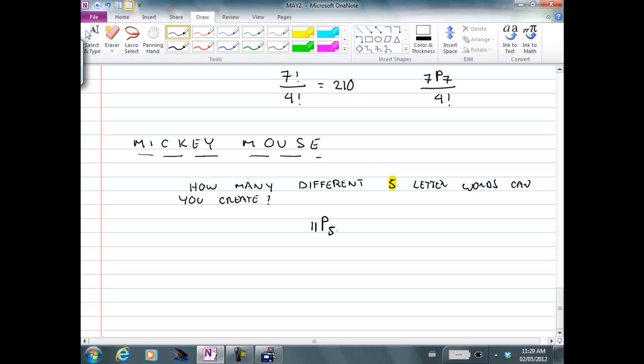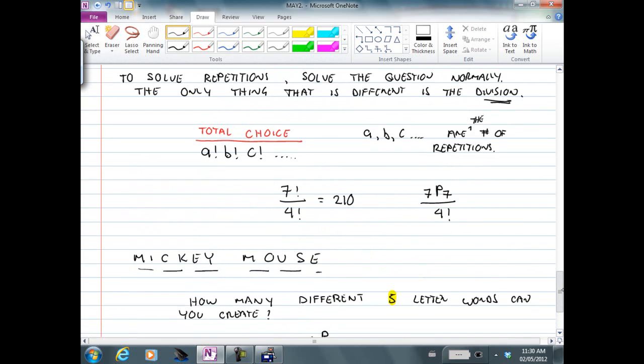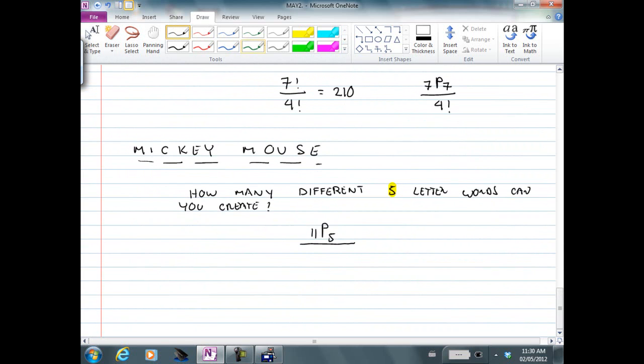Or if you use the blank method, it'll be 11 factorial over something that's insane. Now, here comes the repetitions. I said A, B, C are the number of repetitions. Let's look at M. There's 1 M, 1 M, so that's 2 factorial. I look for anything else that repeats. Let's look at E. There's another 2 factorial. Do you see anything else that repeats? Nope, that's about it. Solve this now.